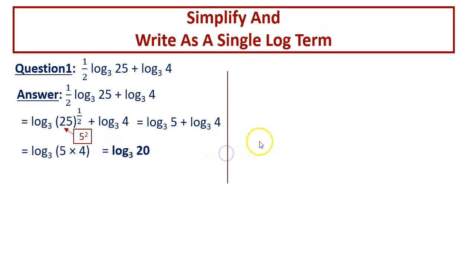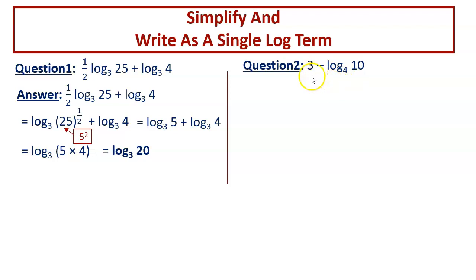Coming to the second question, it is 3 minus log of 10 to the base 4. Now this 3 is a pure integer. This does not contain any log part. And we do not know of any property which connects an integer to a log term.